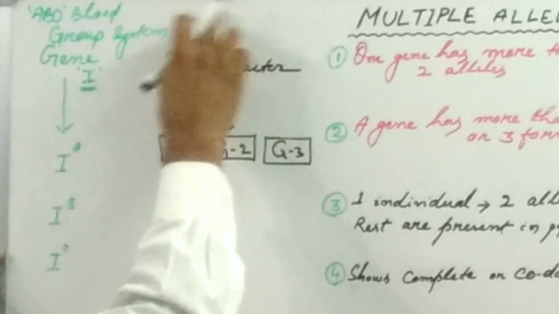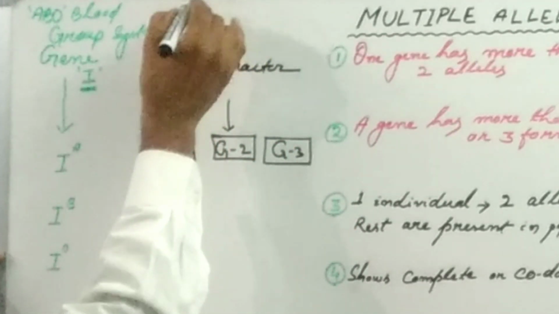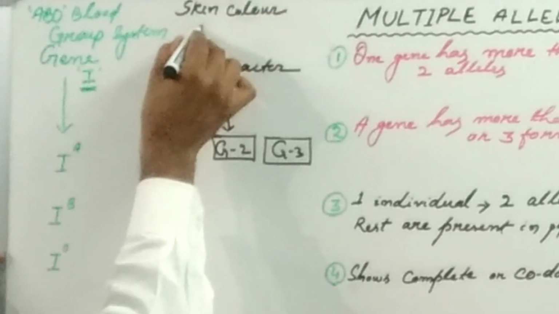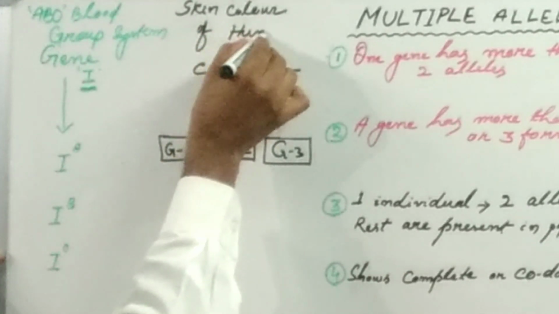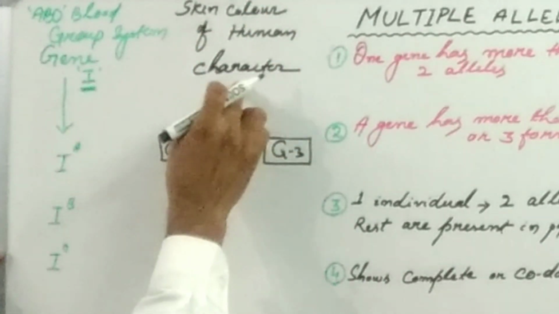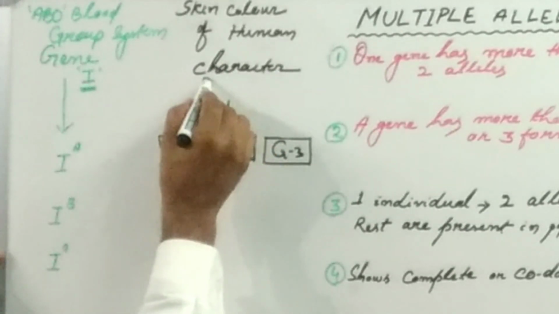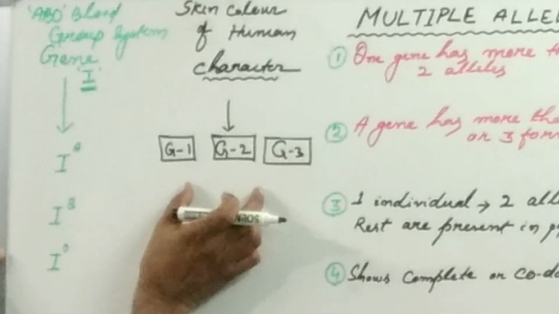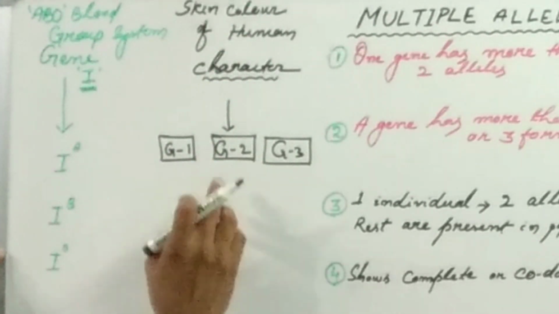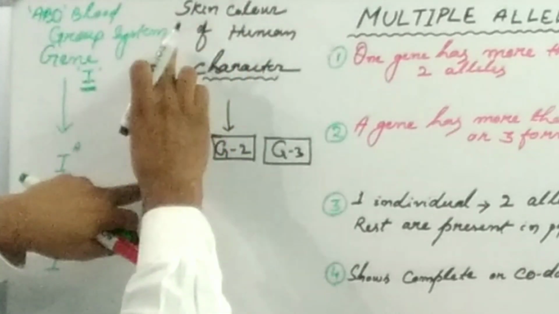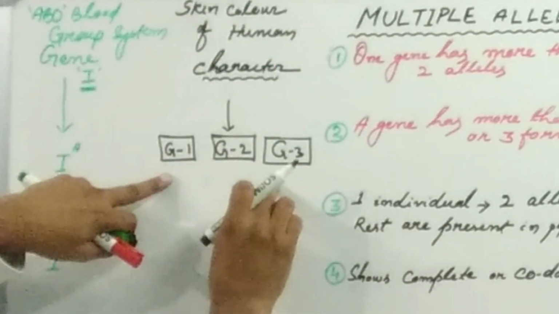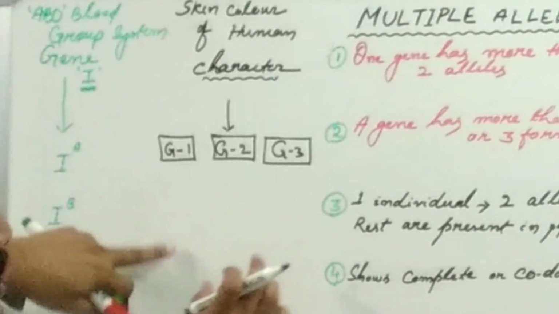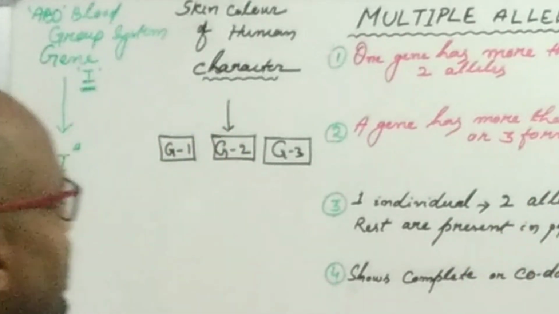Consider the skin color of humans. The skin color of humans is controlled by three genes. Such a trait, the skin color of humans, is known as a polygenic trait, and the transmission of such genes is known as polygenic inheritance.